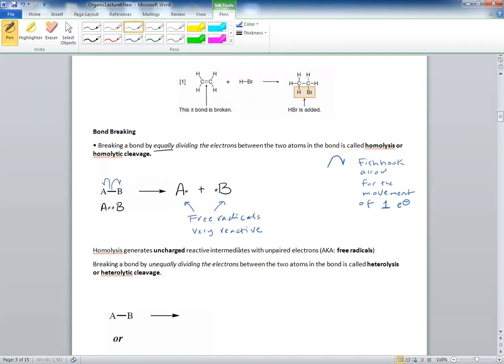Free radicals, or sometimes we just call them radicals, are very unstable because they want to find the closest thing to form a bond with to fill the octet.